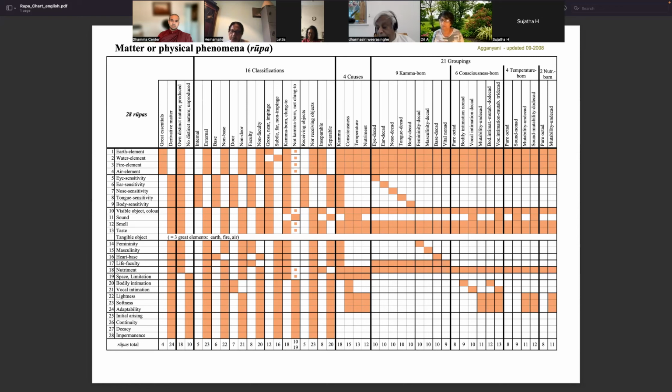And it is explained as ahara samutthana rupa.